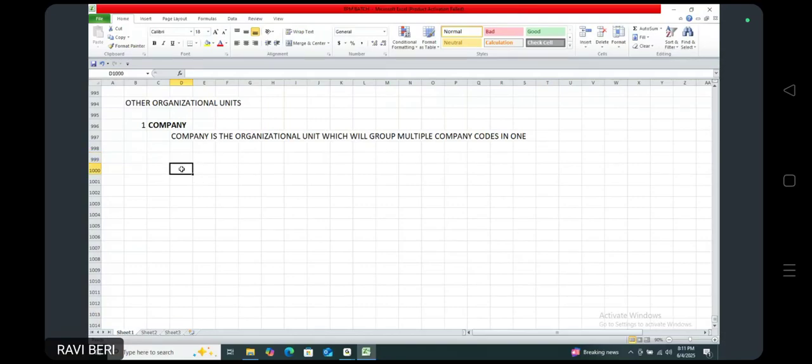So example, suppose Tata Group is your company. So we define it as company Tata Group. So under Tata Group, you will have company code Tata Motors. This is one company code. Tata Steel is another company code.